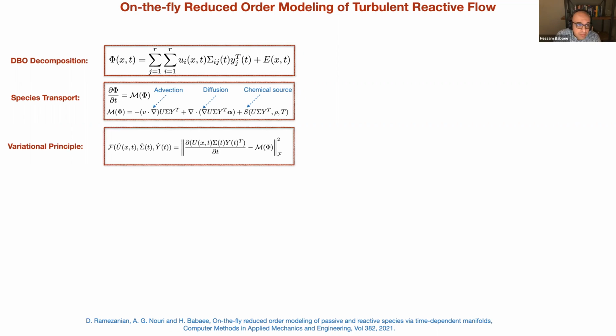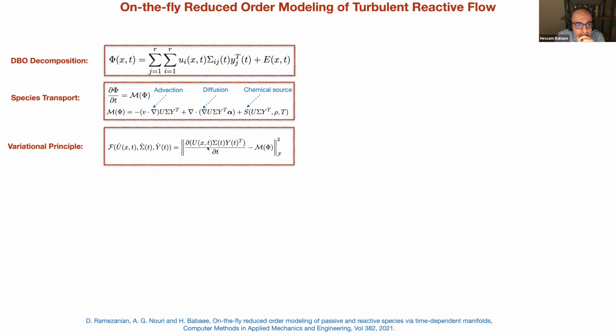And this is the variational principle I was talking about. So we look for the time derivative of time-dependent subspaces, U, Y, and sigma, in the composition space, such that they minimize this functional. So what is this functional?